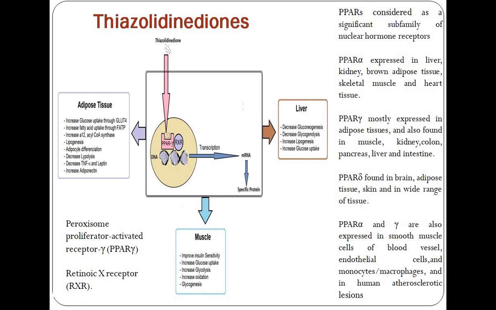Again, all these effects are in the direction of either increasing the insulin sensitivity, or increasing the glucose uptake towards the muscle or the fat cell, increasing the glycogen synthesis or reducing the glucose synthesis. So all those things are related to their effect.